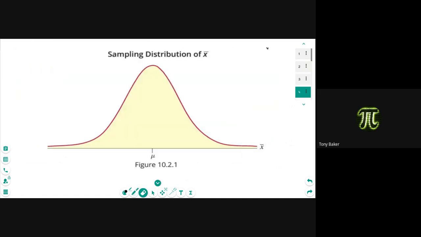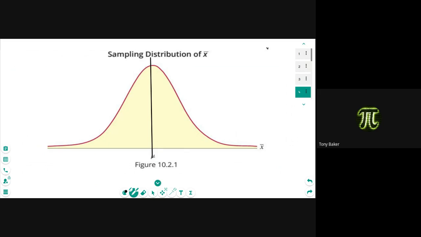All right, what's that? A normal curve, or a bell curve, right? Our mean is in the middle, with our negative side and our positive side. Does it ever get to 0?